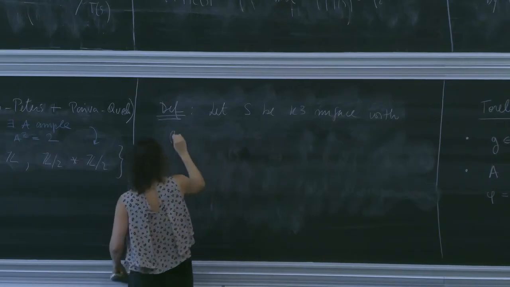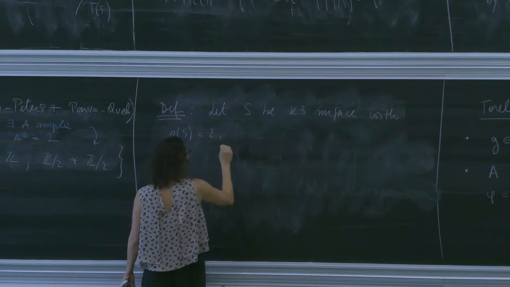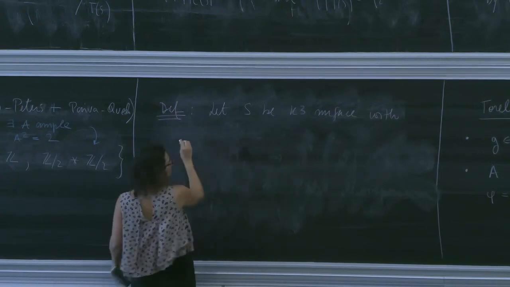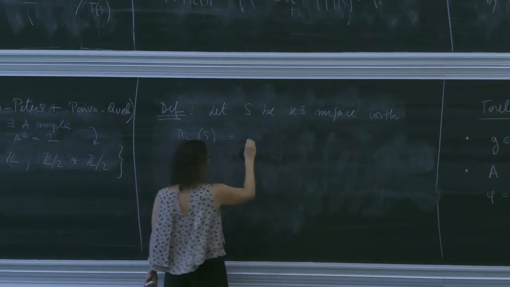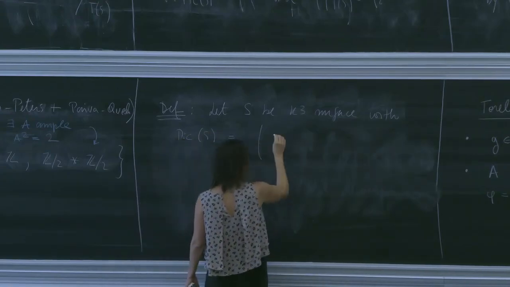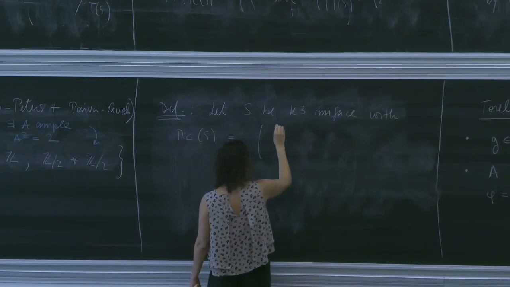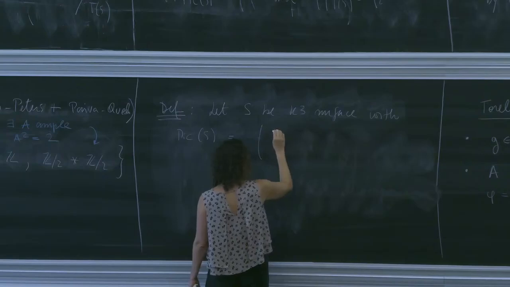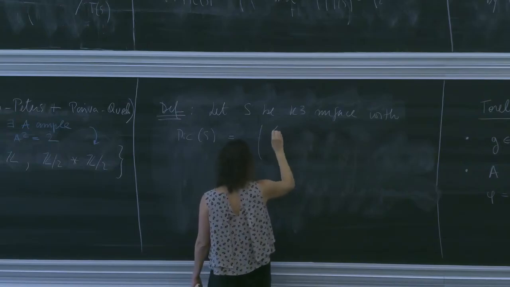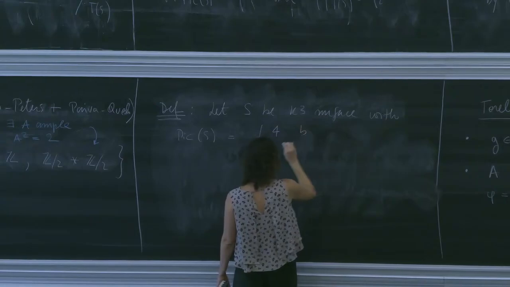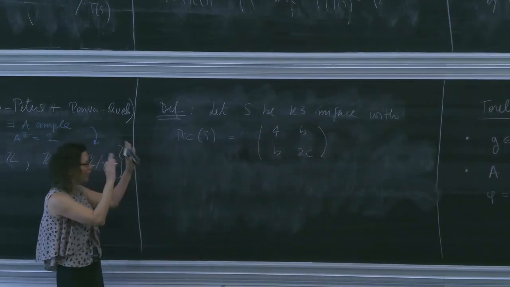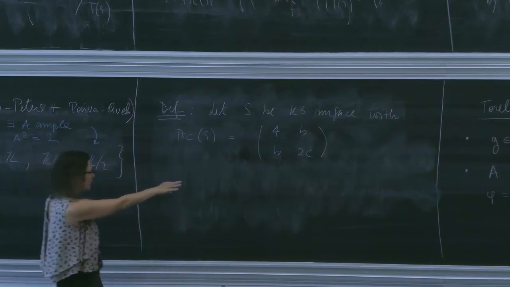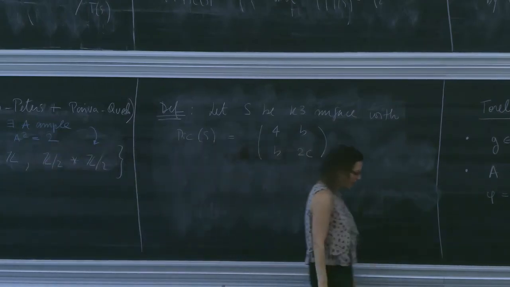Rho of X equals 2. Let me actually write the Picard lattice this way. I'm already thinking of a quartic. So this is the intersection matrix of the Picard lattice.